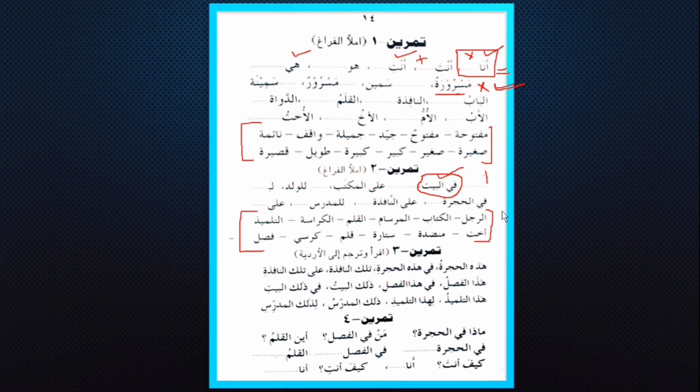And in the second line you can see that this prepositional phrase or this jar majroor is written first, then the second place is blank. So what word we can use here? Because we learned it, it is easy for us.